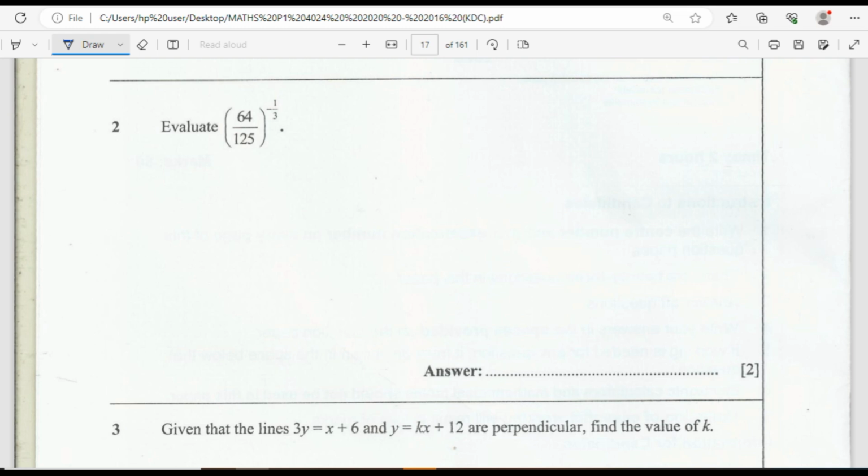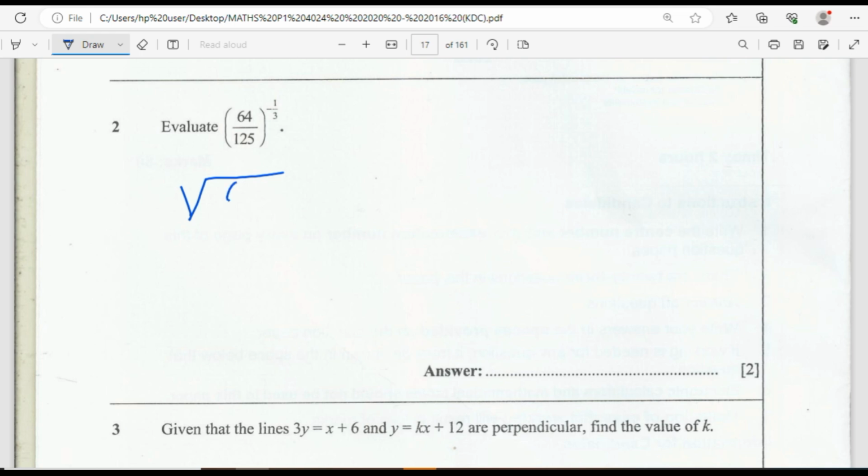Now the best way that we can do, I'm sure the simpler way, is let's ignore the negative. So if we ignore the negative, what do you do if you have been given a fraction raised to another fraction? So what is our first step? We can first write our root.